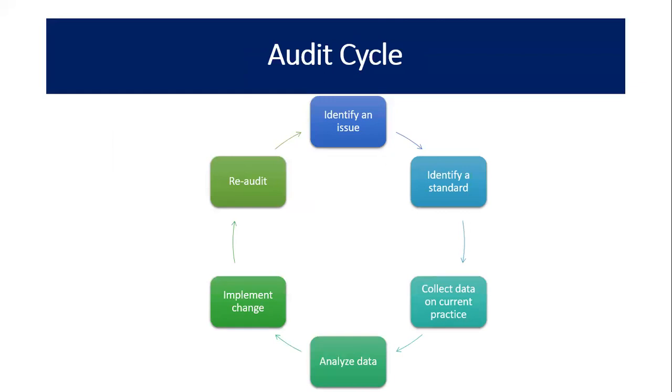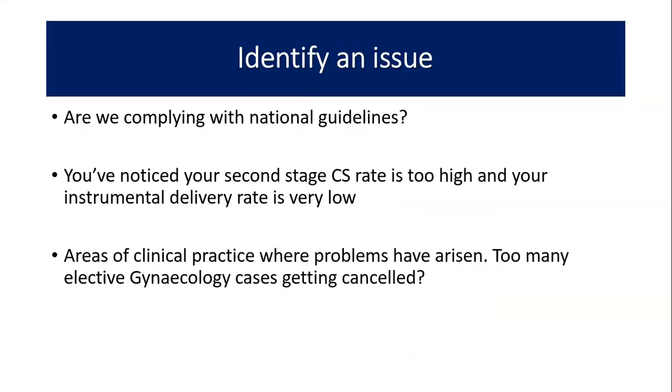So there's an audit cycle, and the audit cycle involves identifying issues within your practice, identifying a standard, collecting data on current practice, analyzing the data, implementing change, and re-auditing your practice. So how do we identify issues?